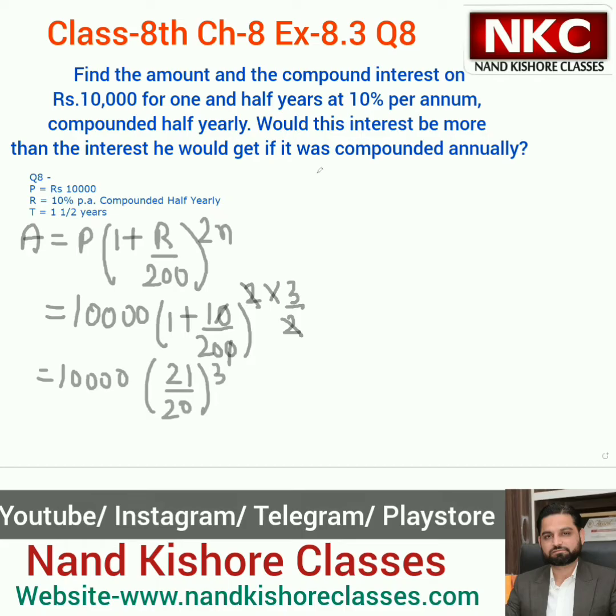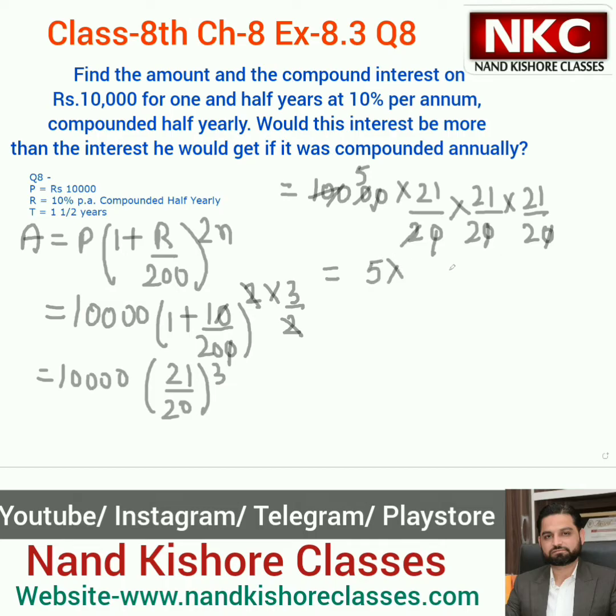Further solving, since this is a cube, I am going to write 21/20 multiplied by 21/20, again multiplied by 21/20. 3 zeros are cancelled, and 2 times 5 is 10. So what we are left with is 5 multiplied by 21.